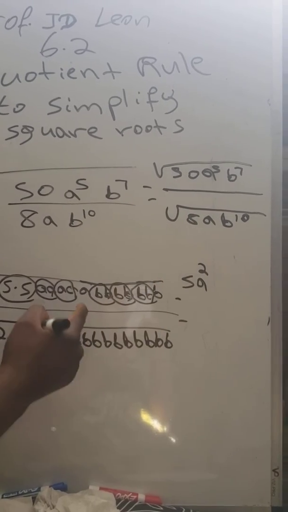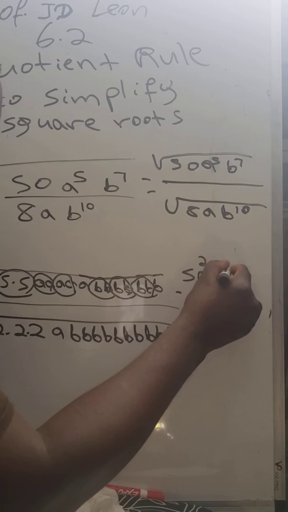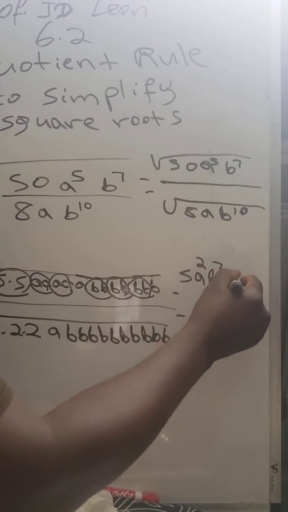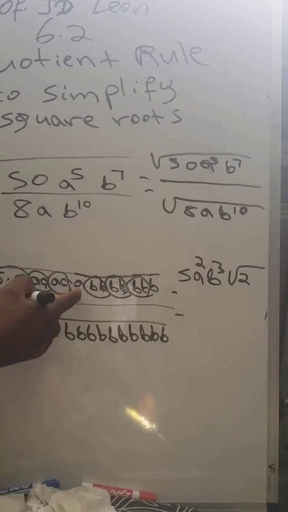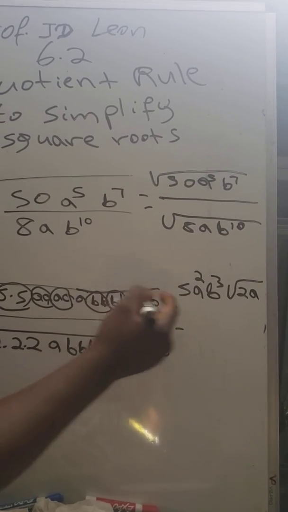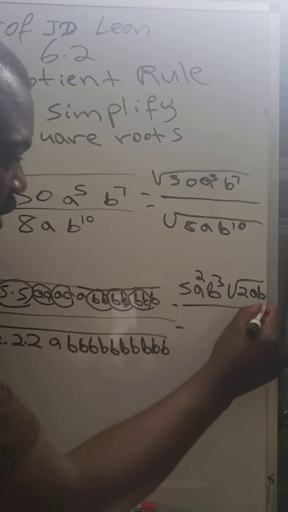And for the b, you could pull it out 3 times, so that's b cubed. Whatever you can't pull out remains under the square root, which would be the 2, one a, and one b. So that's for the top.